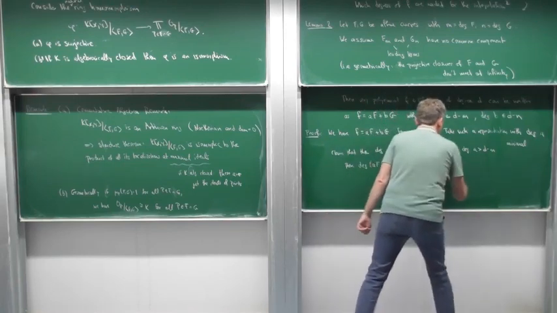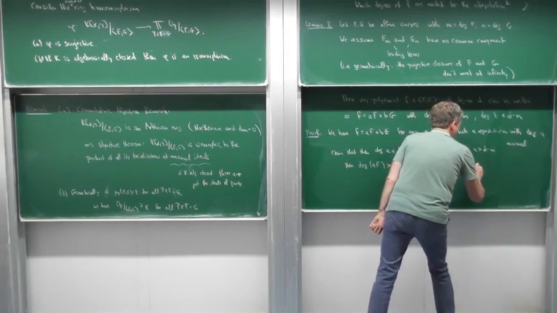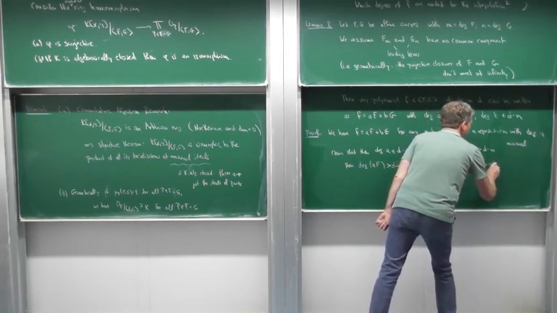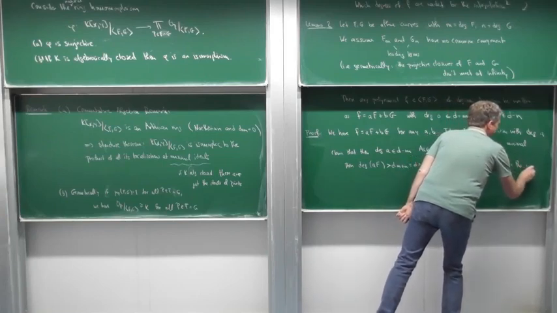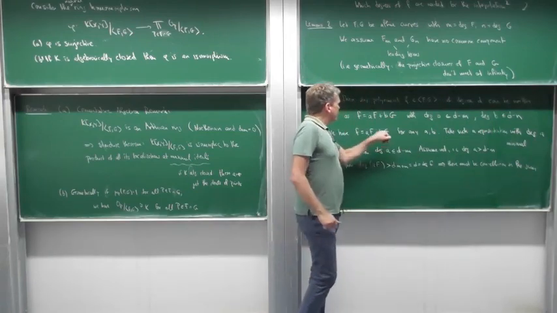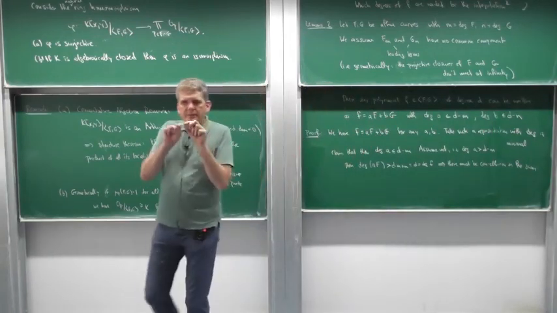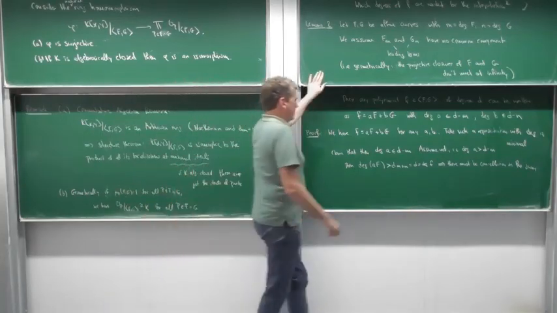And so this means there must be a cancellation in the sum, which means that the degree of B is also bigger than d minus n, and the leading terms just cancel, at least the leading terms. If there's more than that, they have to cancel as well.